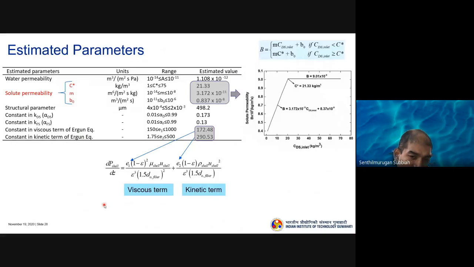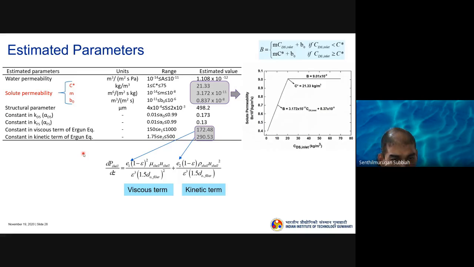So once we calculated the Ergun equation coefficients, we are planning to calculate the other parameters, which are water permeability and solute permeability. Now, what we observe from the literature and also from the experiment is that the water permeability was observed to be constant, but the solute permeability varies with the concentration of the draw solute.